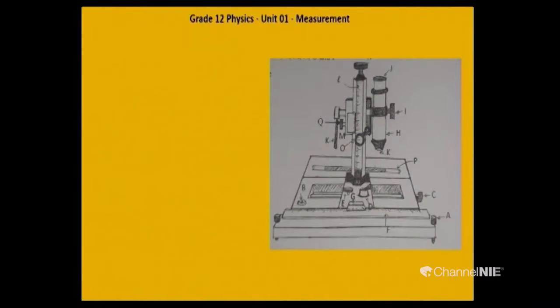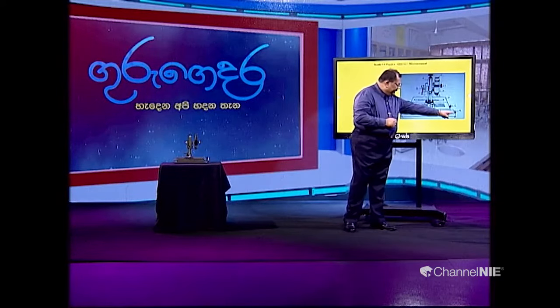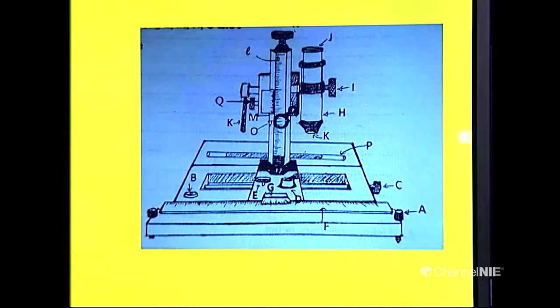I gave you here a diagram of the traveling microscope. First, we have to study the parts and the requirement of them. Here you can see A. Two screws are there. They are known as leveling screws. At the very first, this platform should be made exactly horizontal.